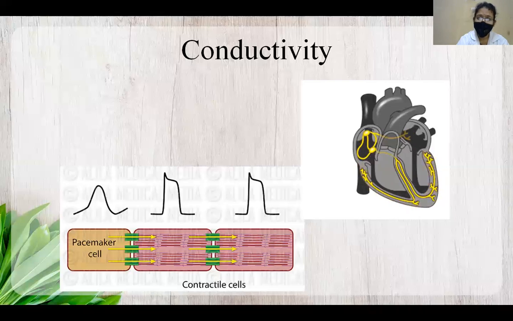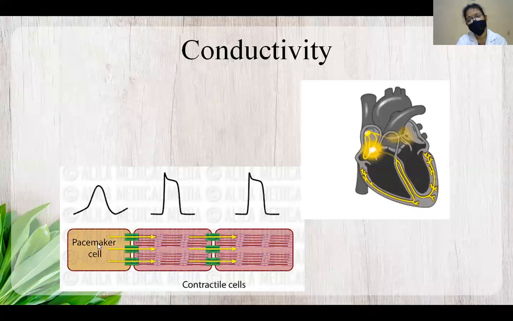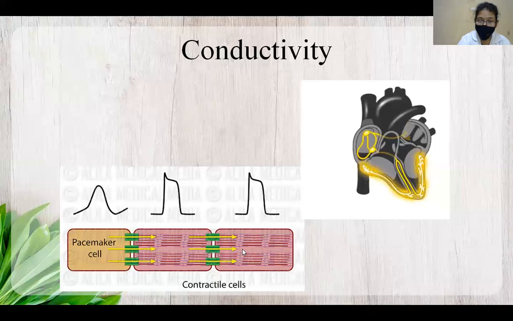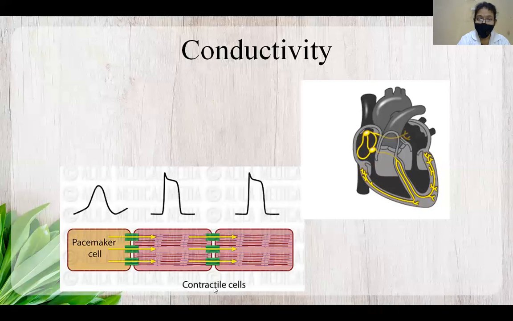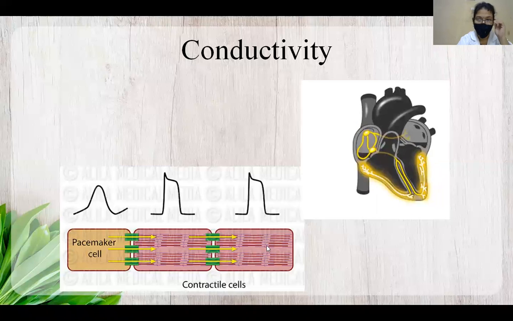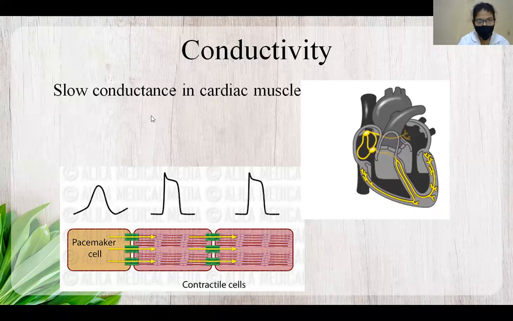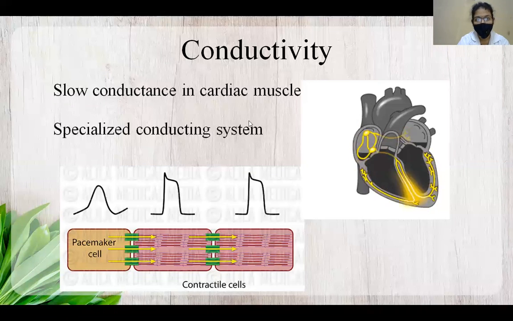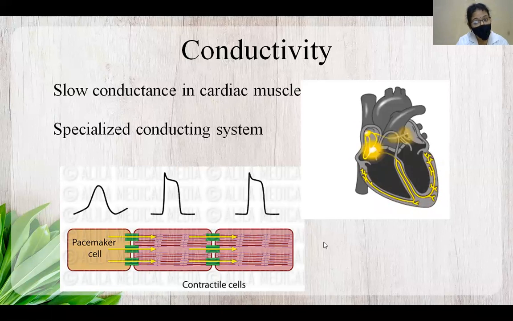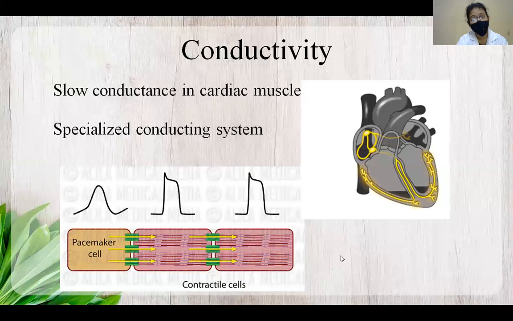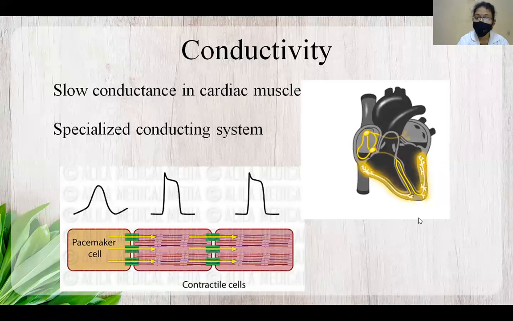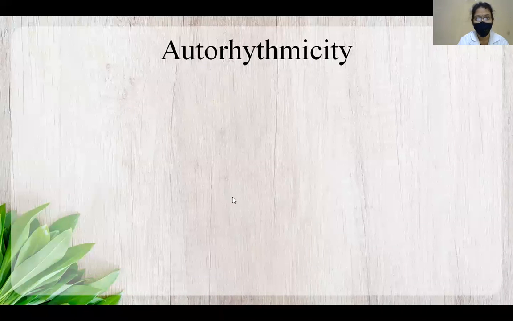That's why the impulse can easily go from the pacemaker cells to the cardiac muscles, that is, the contractile cells. Usually there is slow conduction in cardiac muscle, whereas the human heart is blessed with a specialized conducting system, which is absent in the frog's heart. So this is the difference between the frog's heart and the human heart.